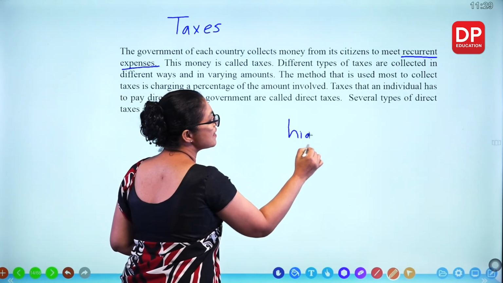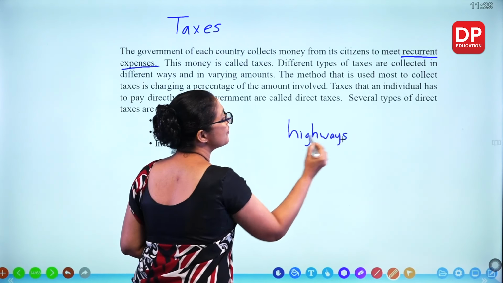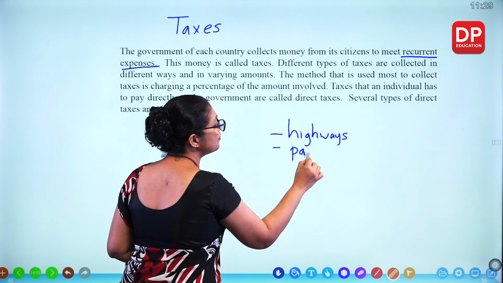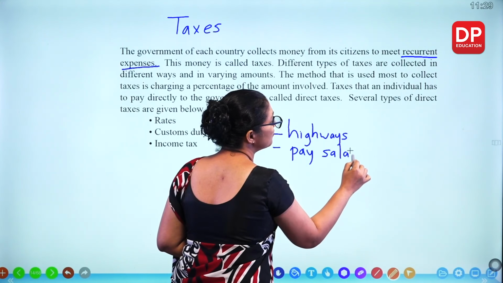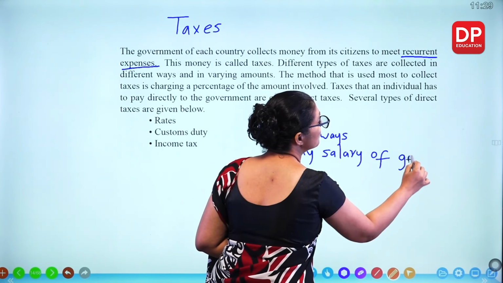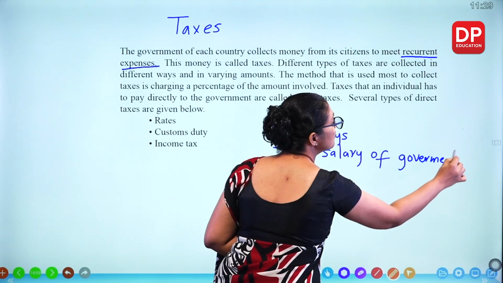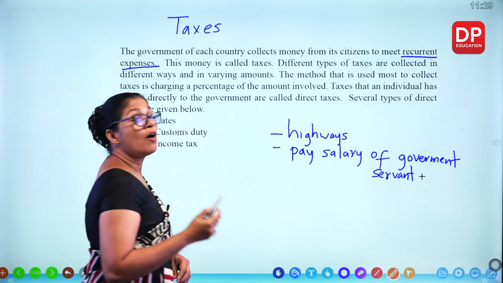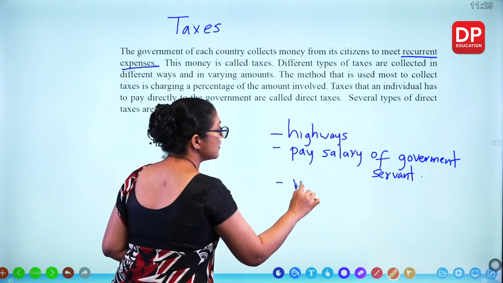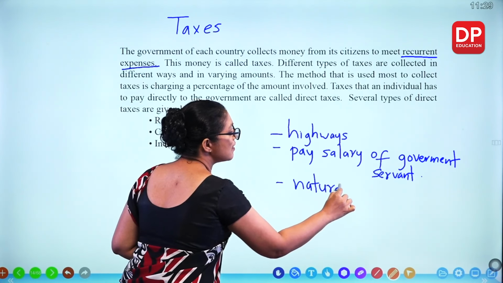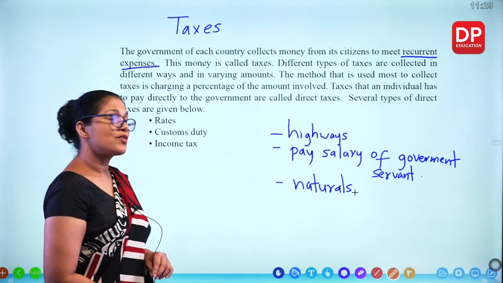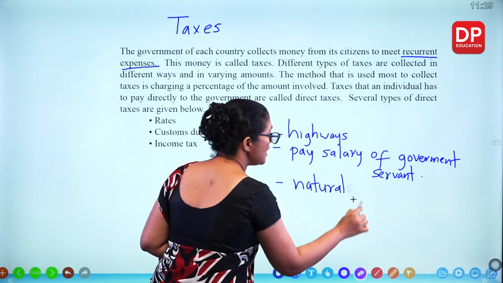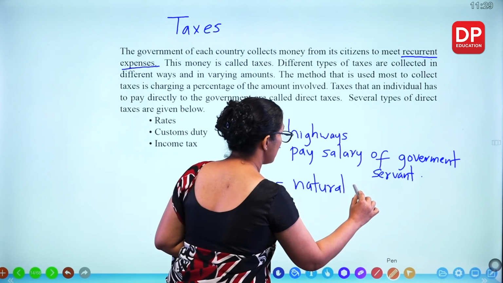To build highways and to pay salary of the government servants. Or when there's a natural disaster, floods, tsunami, those disasters, they need money.